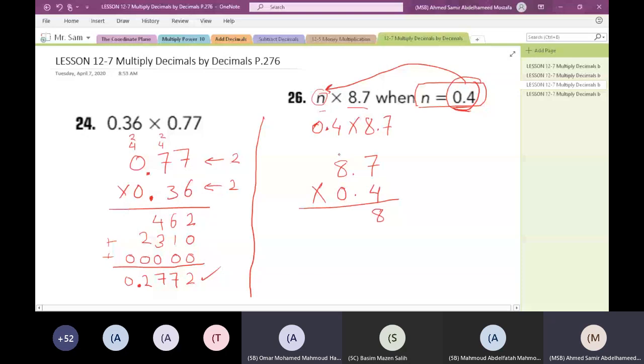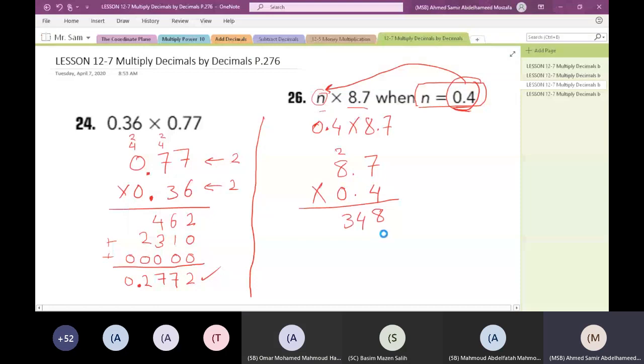And then 8 times 4 equals 32 plus 2 is 34. Okay, 34. And then 7 multiplied by 0 is 0, 8 times 0 is 0.